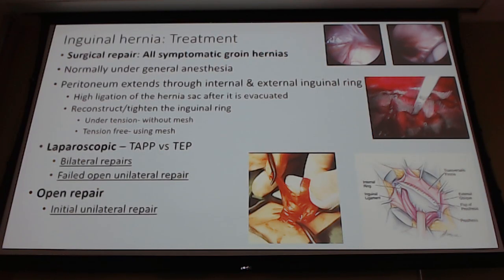So basically when they get in, they shine a camera up towards the pelvis, they find the peritoneum, and they actually peel the peritoneum down so that they can get to those rings. A TEP is a total extraperitoneal approach. It's really cool. If you get a chance to see it, I would.